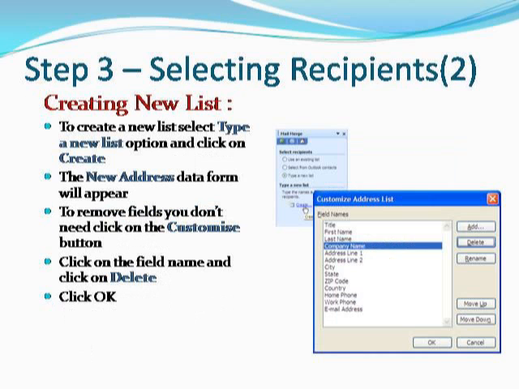But if you want to create a new list, you have to select the Type a new list option and click on Create. The new address data form will appear. To remove fields you don't need, on the Customize button, click on the field name and click on Delete, and finally click OK.